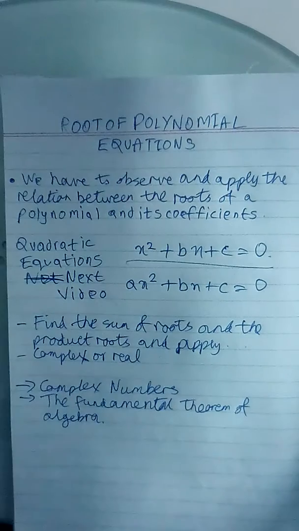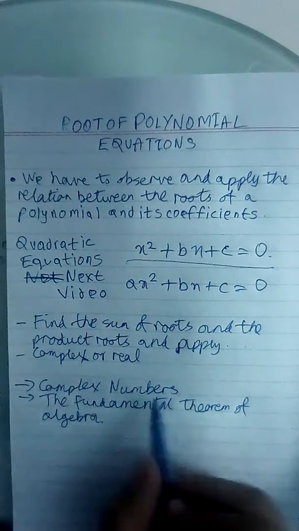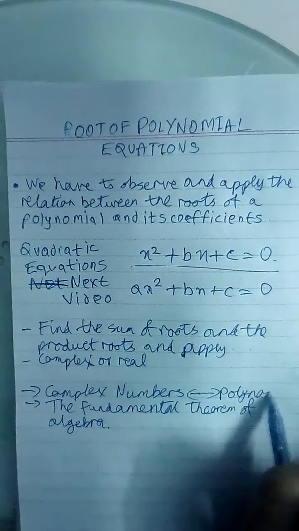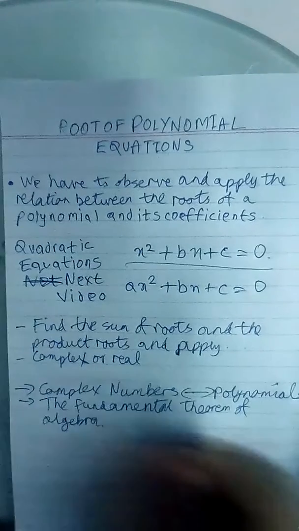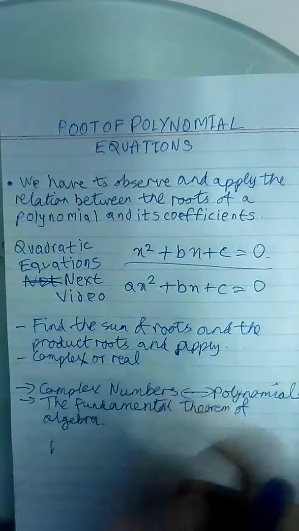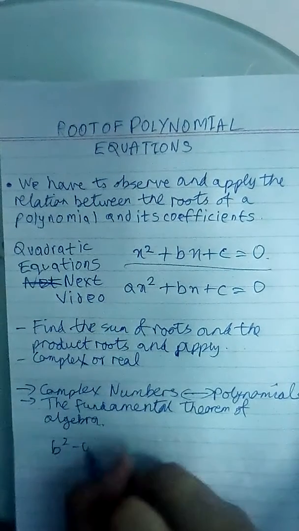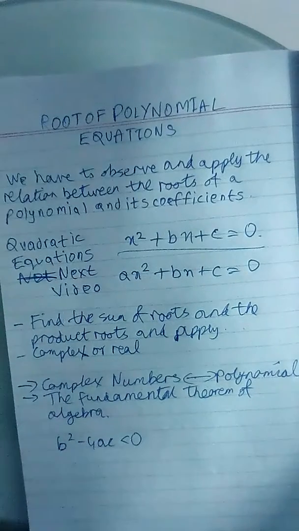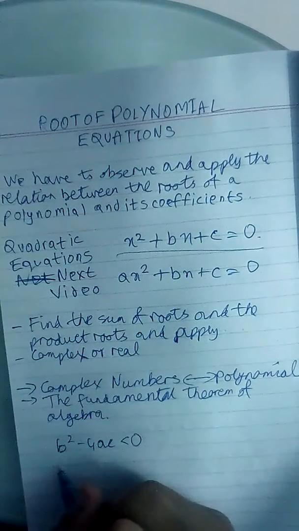The reason is that complex numbers are linked with polynomials. When the discriminant is less than 0, the roots are complex.